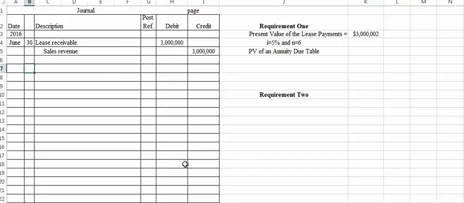Okay, and then they would have to also make an entry to record cost of goods sold. And they tell you in the last sentence there, I don't know that we've read it that far, but they said Builders constructed the warehouse at a cost of $2.5 million, so that's $2,500,000 was their cost.